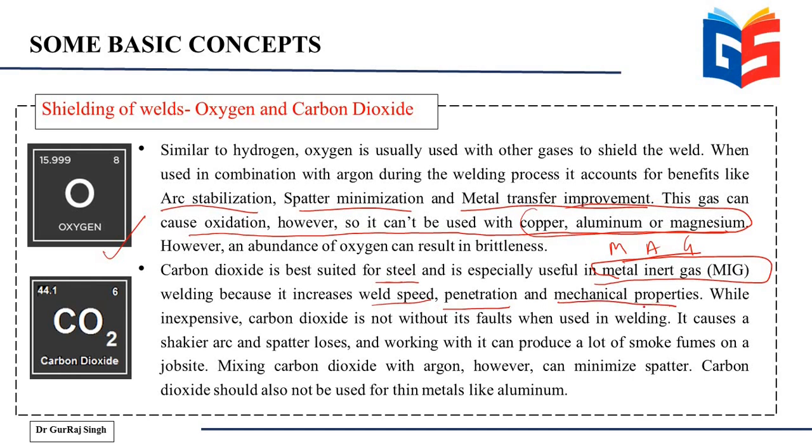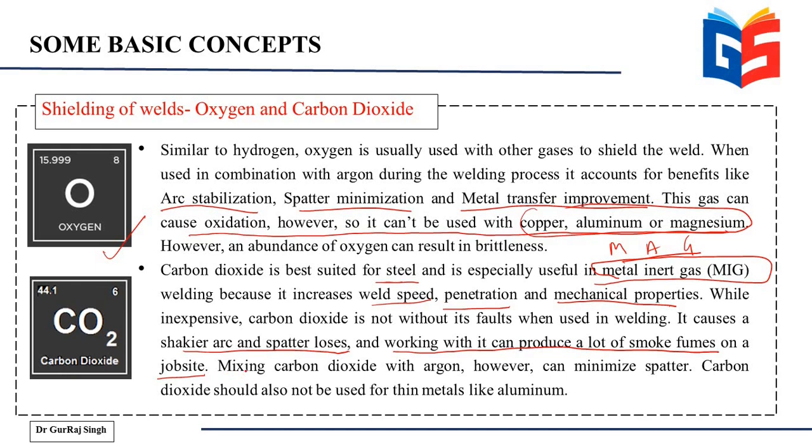And it has certain problems though when you're using it in larger quantities. It causes a shakier arc and it also leads to spatter losses. And another important thing to note here is that while working with CO2, it can produce a lot of smoke and fumes on the job site, which is not recommended as per the international safety norms.